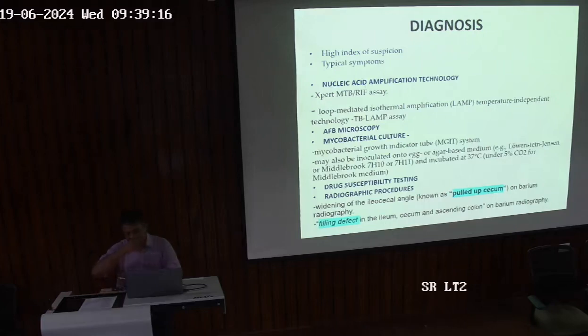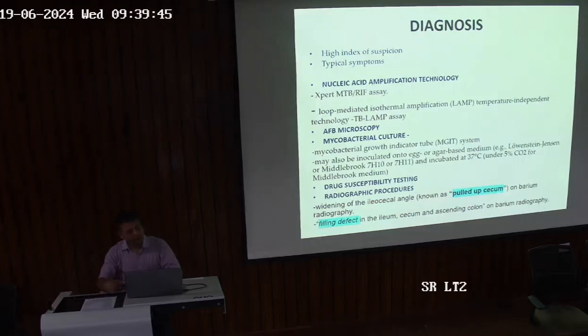The medium we use in culture is LJ medium, Lowenstein-Jensen medium. There is again a question: LJ medium is used for the growth of the tubercular bacilli, and it is incubated at 37 degrees centigrade under 5% CO2. Then when the bacteria are detected, we can go for drug sensitivity for the sake of treatment. There are 5 primary drugs for the disease and the others are secondary drugs.